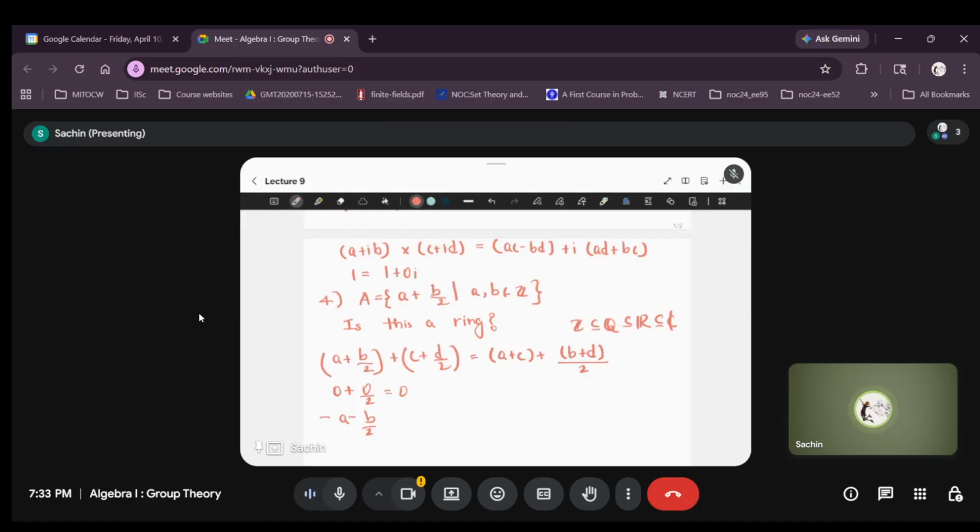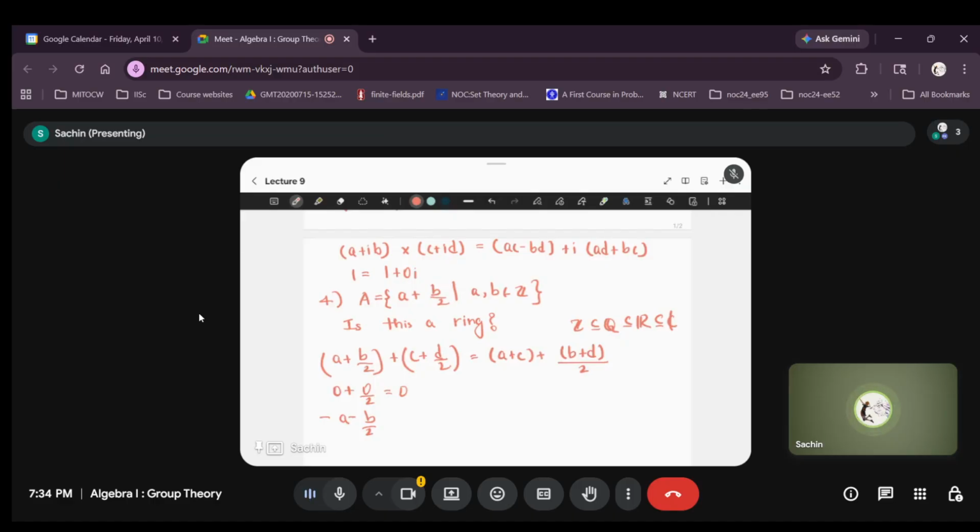Then A plus B by 2 plus minus A minus B by 2 is 0. Associativity will directly come from rational numbers, because the set of all numbers of the form A plus B by 2 is a subset of rational numbers.